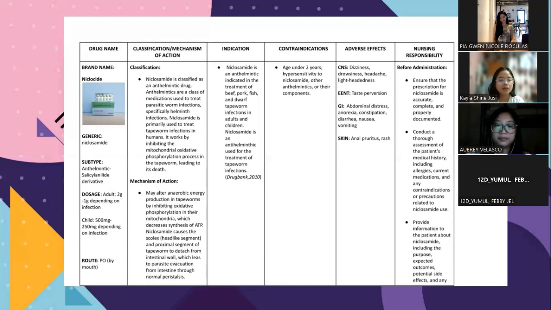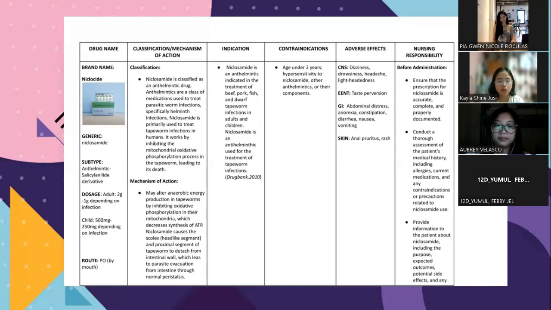Hypersensitivity to niclosamide, other anthelmintics or their components. If an individual has a known hypersensitivity or allergy to niclosamide, other anthelmintic medication, or any of the components of the niclosamide formulations, it is contraindicated to use niclosamide. Sensitivity reactions can range from mild skin rashes to severe allergic reaction and anaphylaxis.